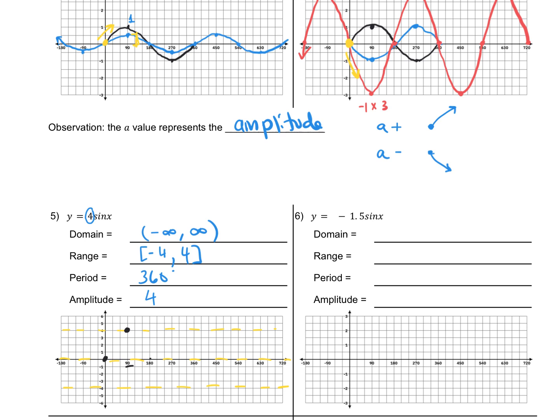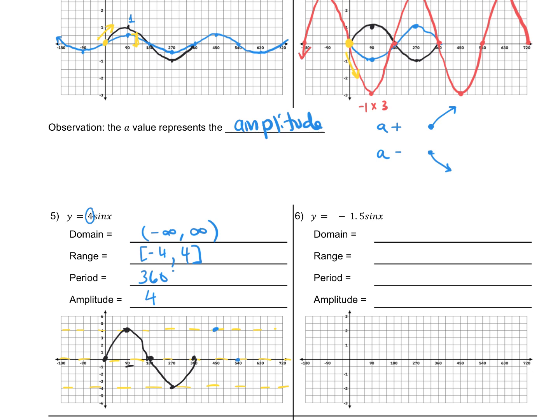90 degrees after that, I need to pass through my midline. 90 degrees after that, I'm going to dip down to my new minimum of -4, and 90 degrees after that, back to the origin, and there's one complete rotation. And I can continue my pattern, of course.